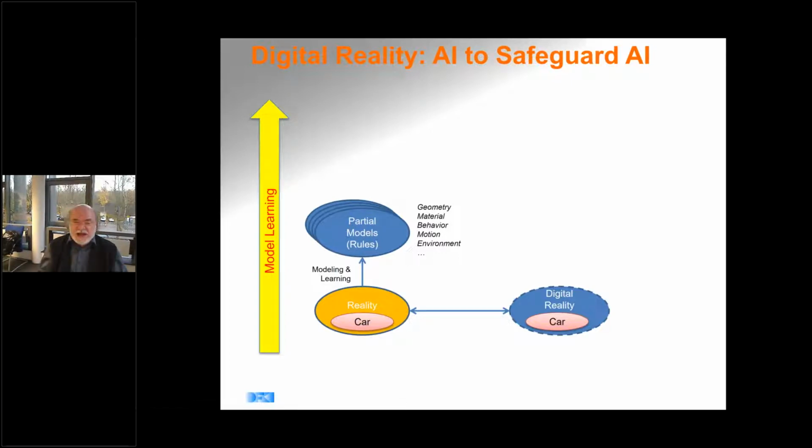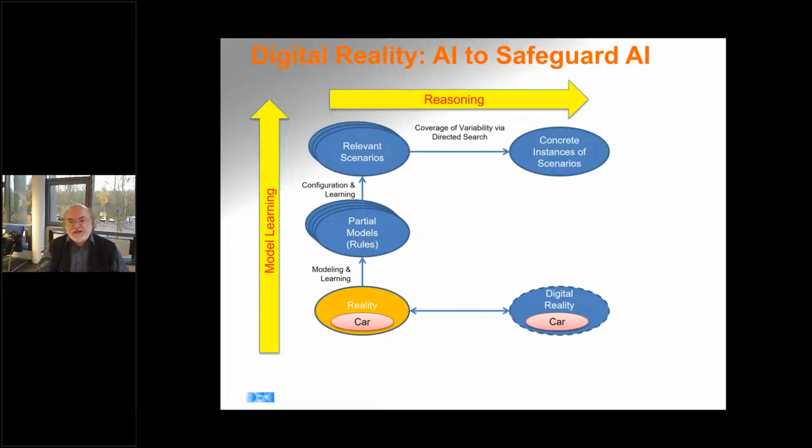And the funny thing is, this is actually not work that we have to do in AI completely, because there are many other disciplines, for instance in computer graphics, groups that are working on using machine learning for this. So we're using AI to learn models about the real world, and hopefully they're more and more accurate as we go forward. Now, when we have a reasonable description of the environment, we can use this to learn relevant scenarios, such as a kid running in front of a car. Of course, there are many other such scenarios that are critical for learning to drive well.